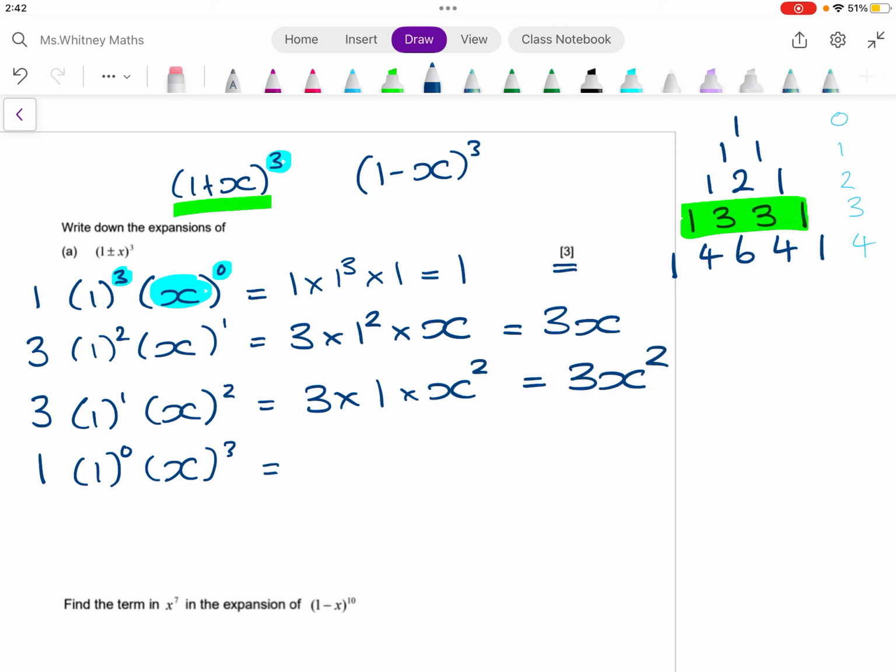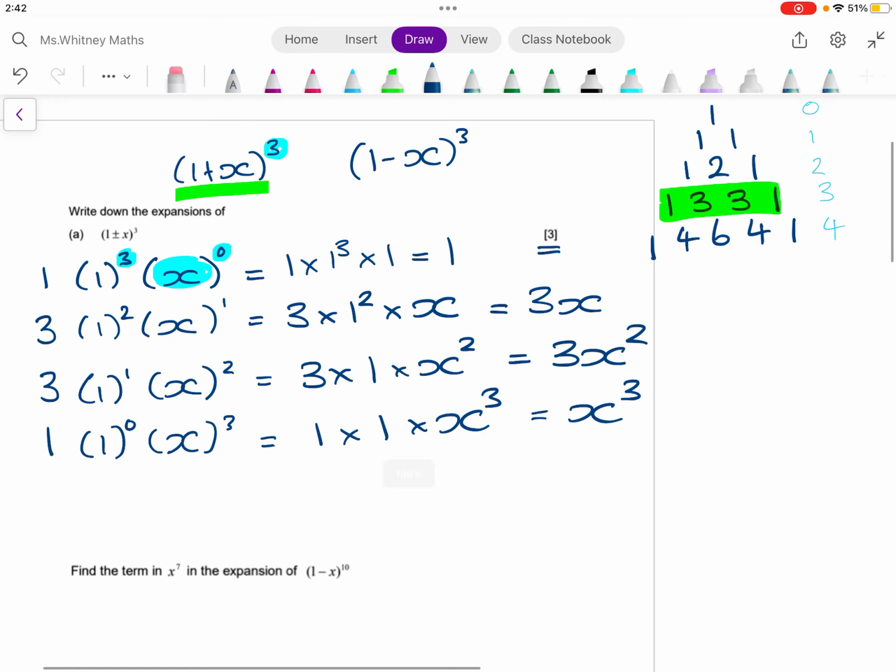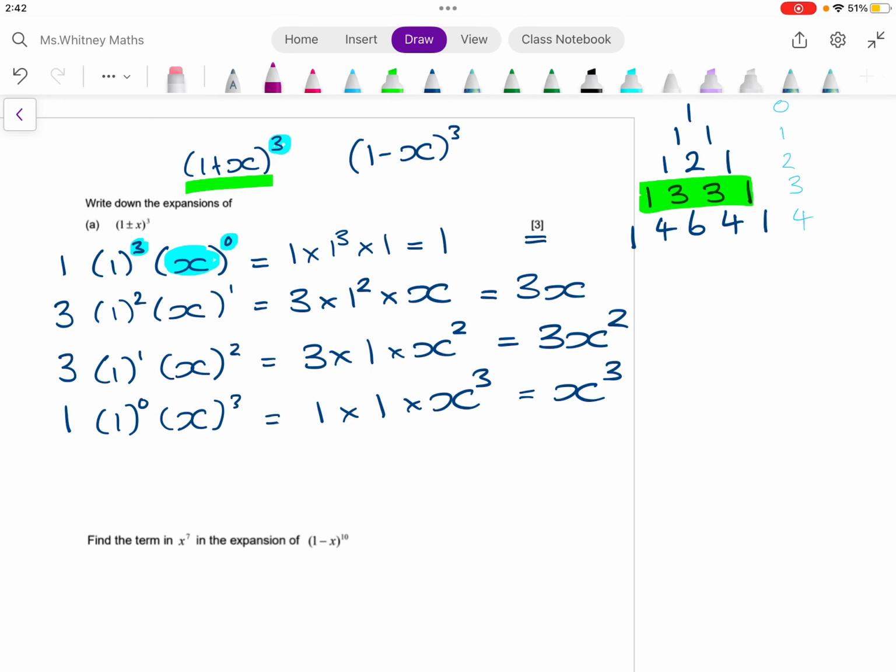And then we have 1 times 1, because anything to the power 0 is still 1, times x cubed, which is x cubed. So the expansion of 1 plus x cubed is going to be 1 plus 3x plus 3x squared plus x cubed.